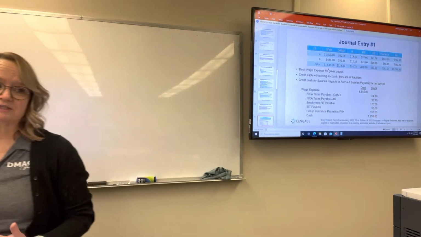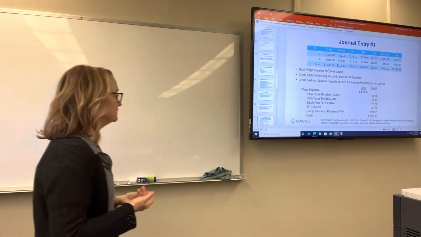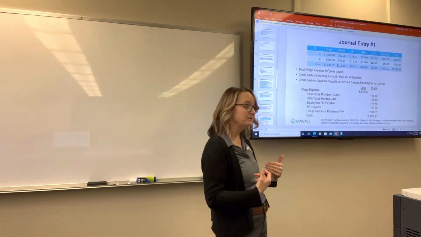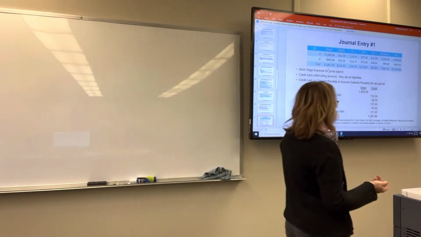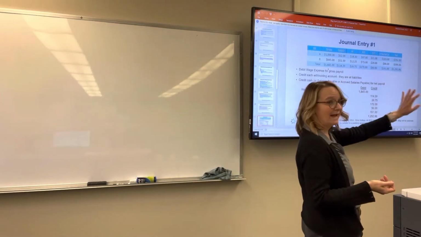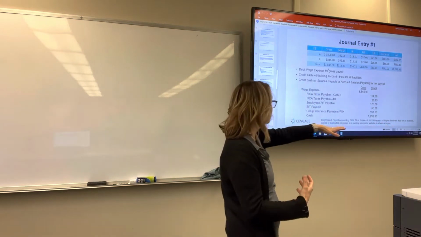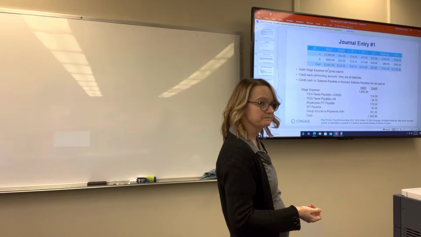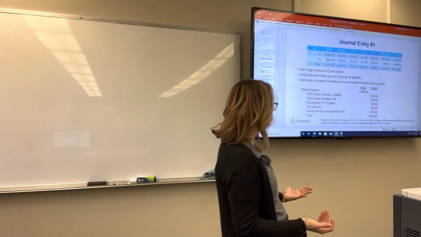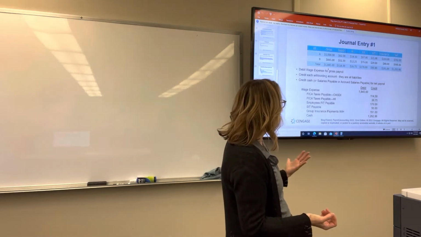Remember, cash is an asset. To increase assets, we debit them, which means to decrease them, we credit. Because it's money going out, our cash is going down, so we credit that. This is the first journal entry.